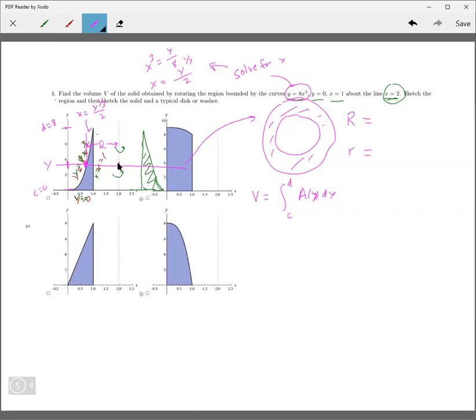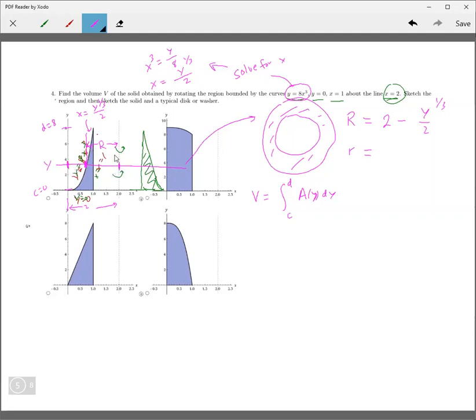From here to here, it's 2. This distance is 2. All the way from there to there is 2. So from here to here would be 2 minus this. It's 2 minus y to the 1/3 over 2. That's the big radius from here to here.